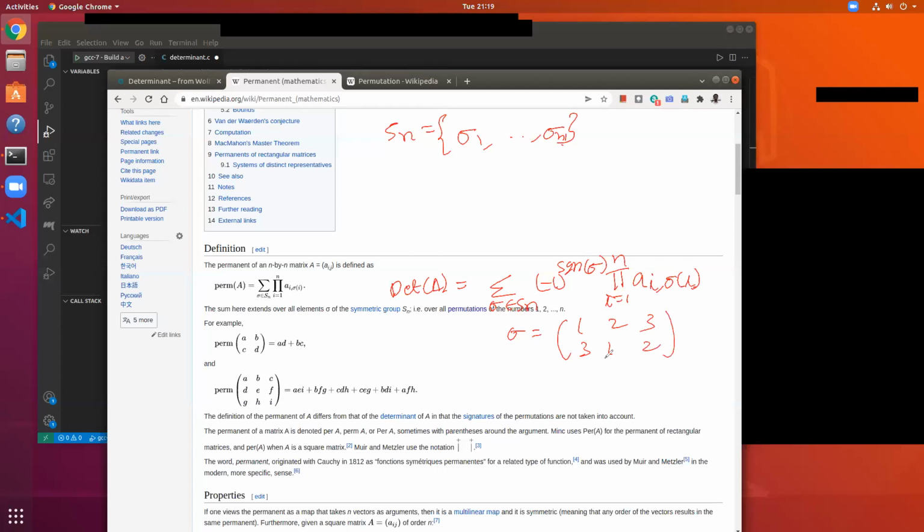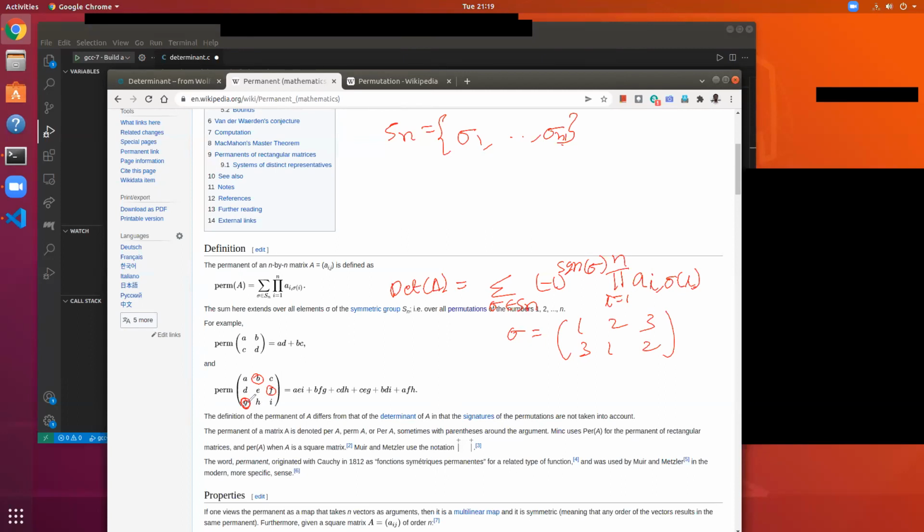The value this permutation contributes to the permanent is: 1 is mapped to 3, so you take this element, and 2 is mapped to 1, so you take this element, and the third column you map to 2.